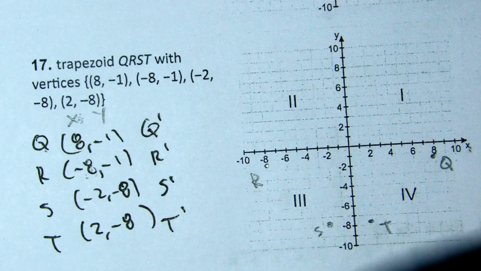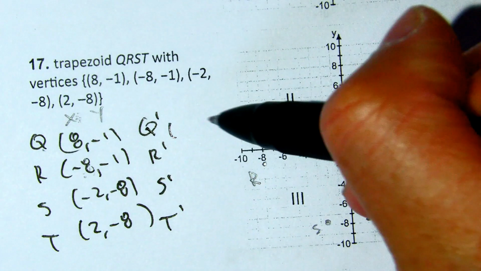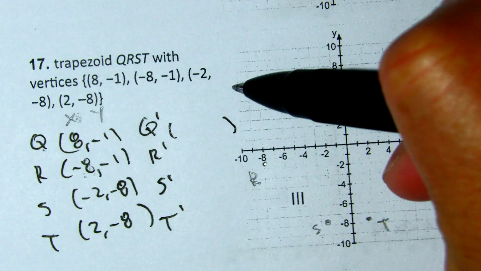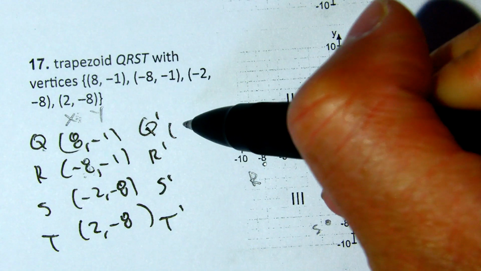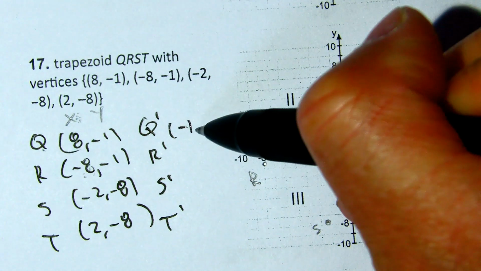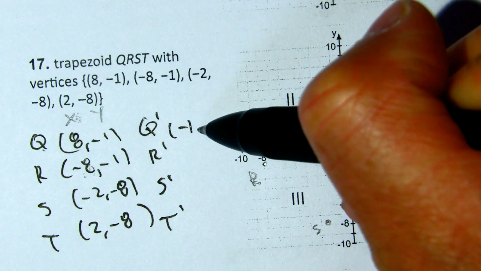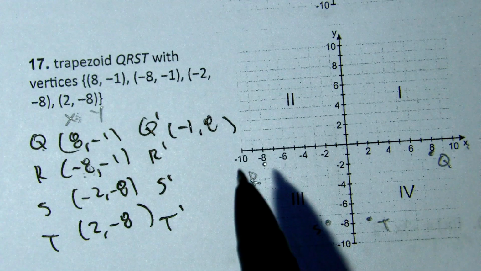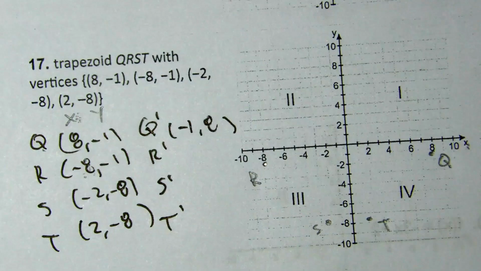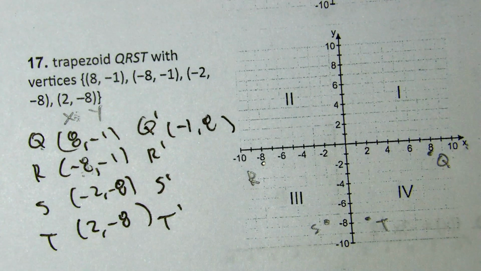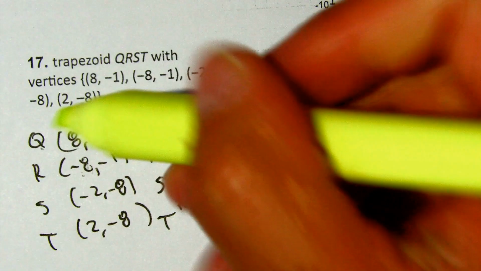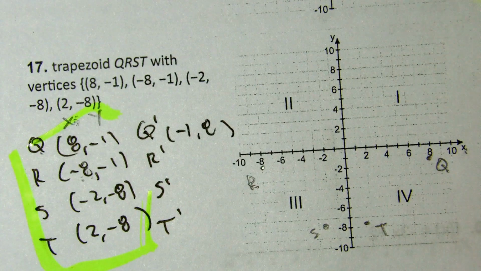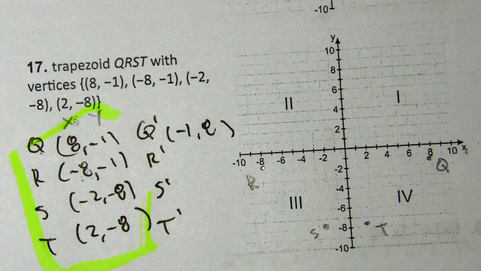What's Q prime? Q prime is -1 and then up 8. So if you want to graph that, how would you graph it?